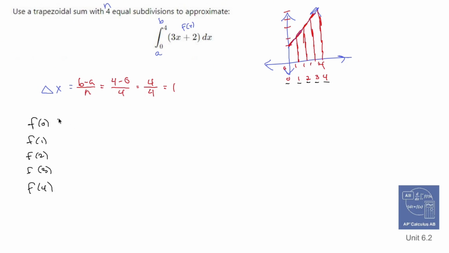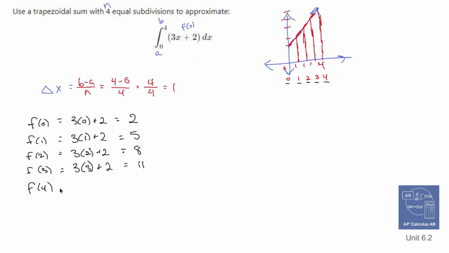I do that using that formula right there. 3 times 0 plus 2 is nothing plus 2, which is 2. 3 times 1 plus 2 is 3 plus 2, which is 5. 3 times 2 plus 2 is 6 plus 2, which is 8. 3 times 3 plus 2 is 9 plus 2, which is 11. 3 times 4 plus 2 is 12 plus 2, which is 14.